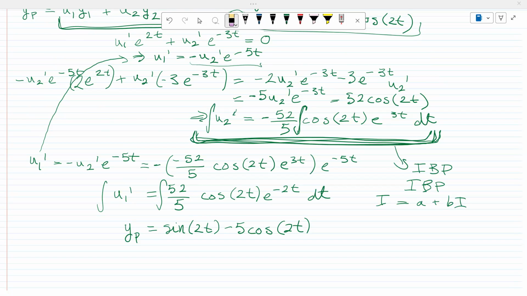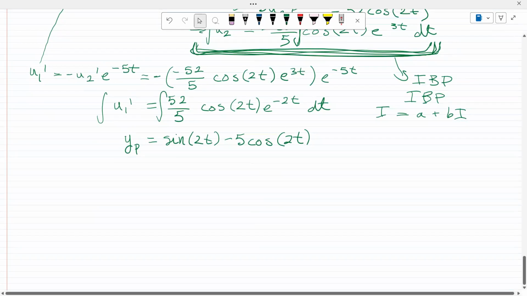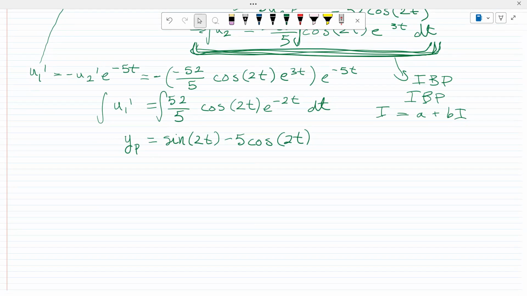It is very long, which is why I skipped it. It's prerequisite knowledge. Hopefully, you all know how to solve that integral.